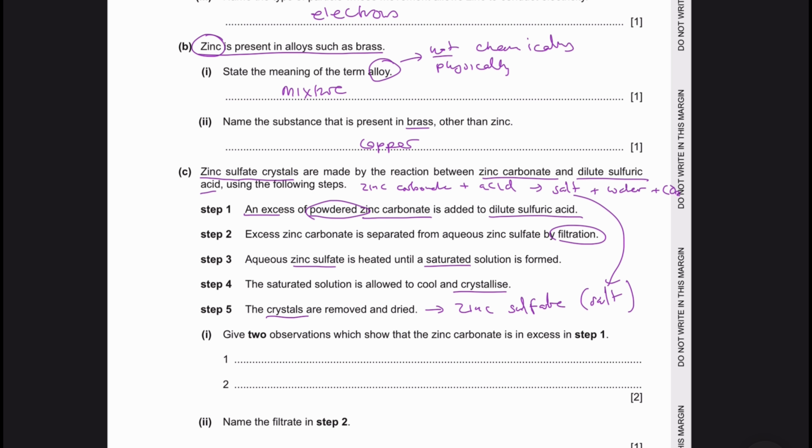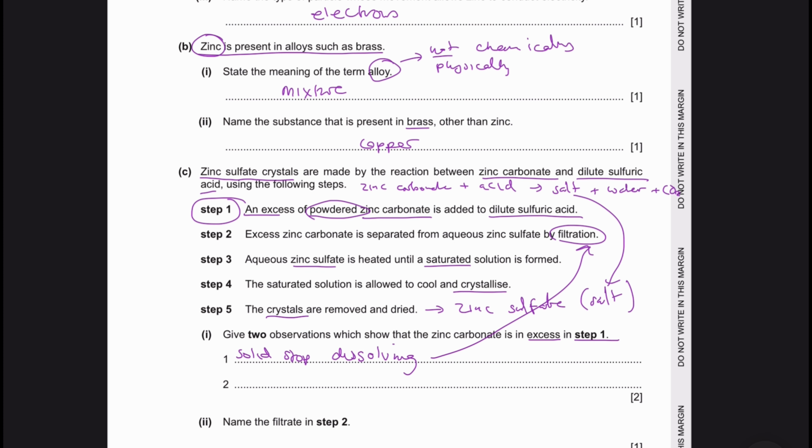Give 2 observations which show that the zinc carbonate is in excess in step 1. So if zinc carbonate is in excess, that means it will stop dissolving. So it's not actually asking you to look in step 1, it's asking you what would happen in step 1 if it was in excess. So that means some of the solid would be left to be filtered out.